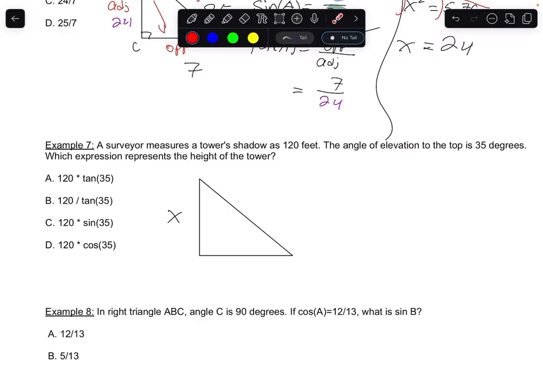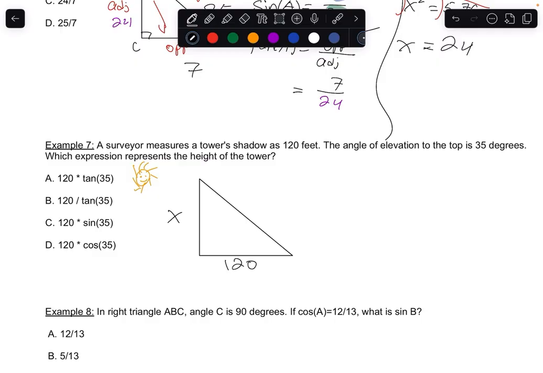So if this is a tower, pretend like the sun's over here. If the sun is beaming down on this tower, the shadow will be here on the floor. So that shadow is 120.